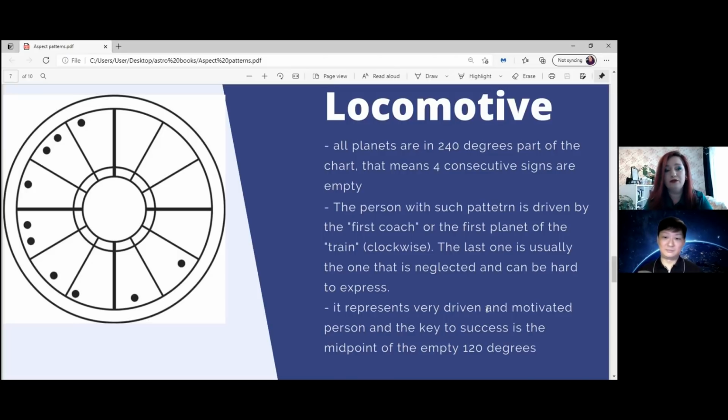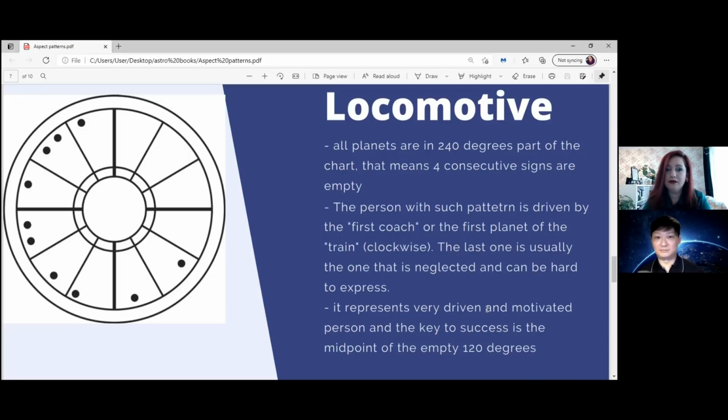This is a chart of a person who is very driven, and it shows that they have a mission in life. They know what they want, and they know how to get there, and there's nothing stopping them from chasing their dreams, basically.